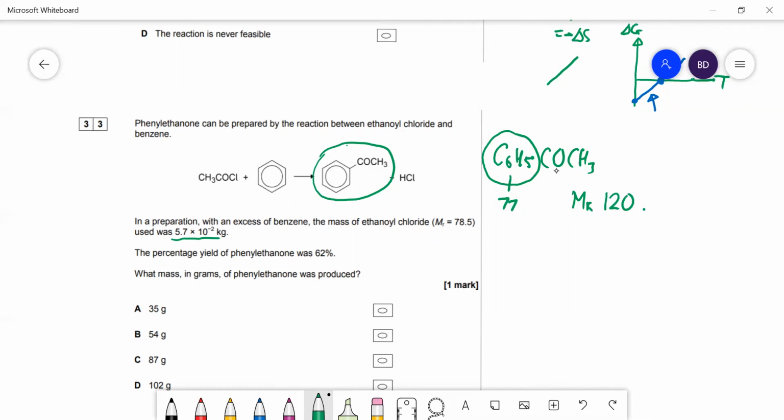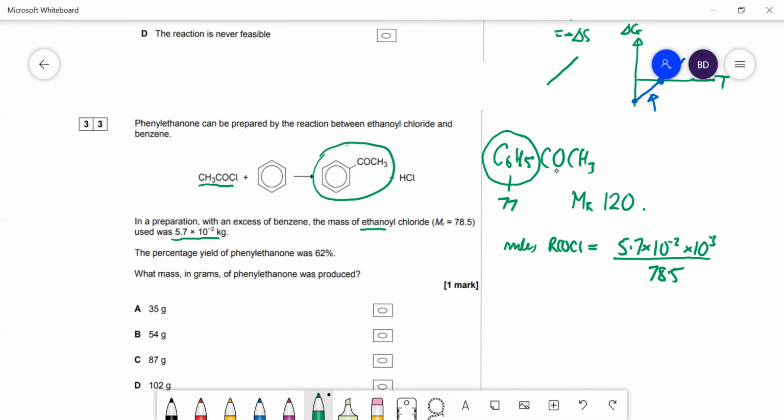Okay, so 1 mole of ethanoyl chloride should give us 1 mole of product. How many moles of ethanoyl chloride have we got? Moles of the ethanoyl chloride is equal to the mass, 5.7 times 10 to the minus 2 kilograms, so times 10 to the 3, divided by the Mr, which is 78.5.